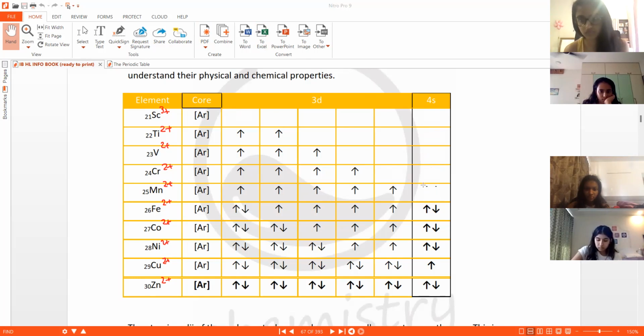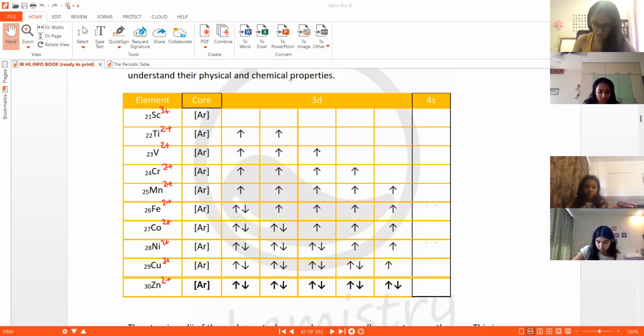Everybody note that whenever you have to remove electrons from a transition metal, first you need to remove electrons from 4s. And if you need to remove any more electrons, then remove from 3d. But first you need to remove the electrons from 4s. Again in copper, 1 electron from 4s and 1 electron from 3d. And in zinc, 2 electrons here.